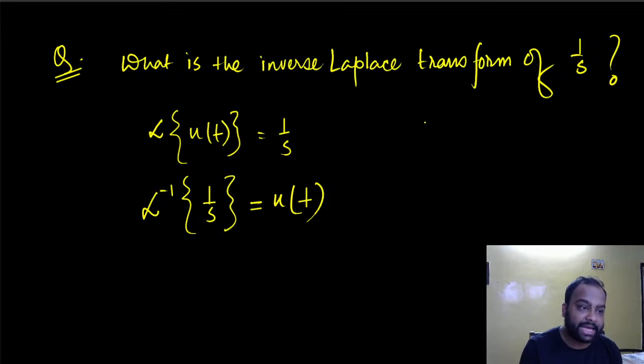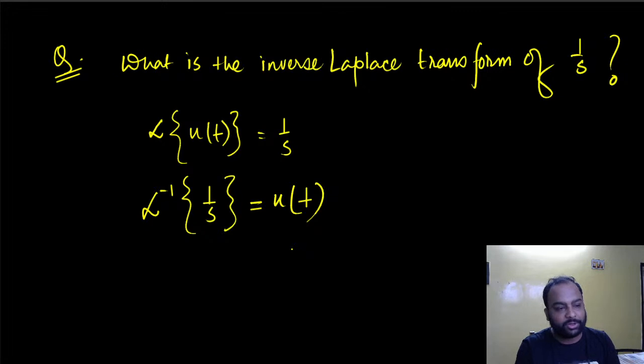If I just ask you what is the inverse Laplace transform of 1 by s, you cannot just go ahead and say this is u(t). No, it's not like that. We will see why. This might seem so simple, and you might be familiar with saying that the inverse Laplace transform of 1 by s is u(t), from many numerical problems you solved in your mathematics classes.